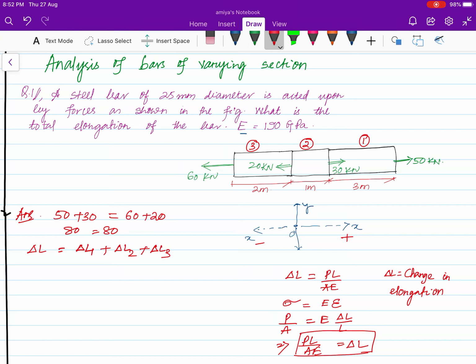For this, the length is given for the different sections.